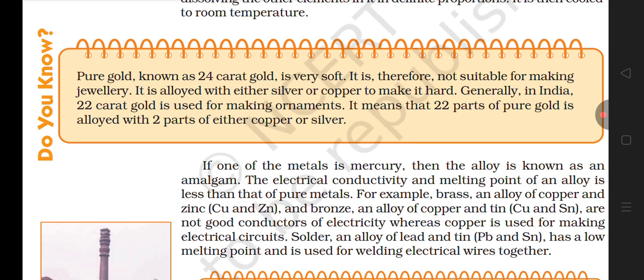Now, the wonders of ancient metallurgy. Metallurgy, dear student, is a branch of science that talks about the extraction of metals, how we refine them, and all about metals, okay. The iron pillar near Qutub Minar in Delhi was built more than 1600 years ago by the iron workers of India.